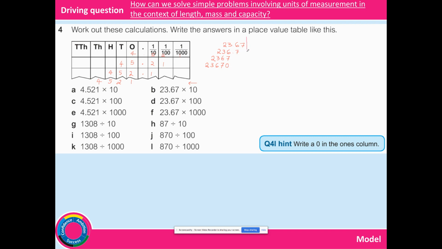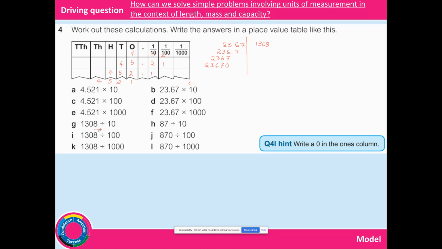Okay, I'm just going to do a line down there so that we can now do our dividing ones. 1,308. Now, because I'm dividing, I'm going to end up with a smaller number. I'm going to move this time to the right.